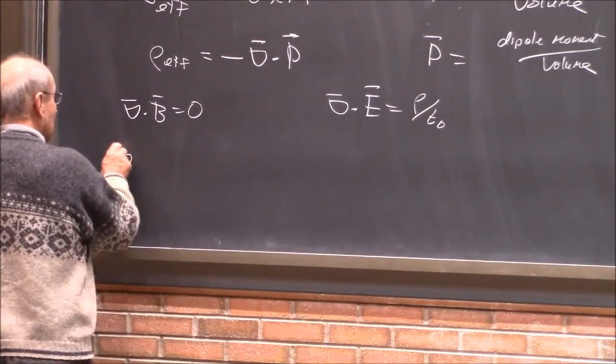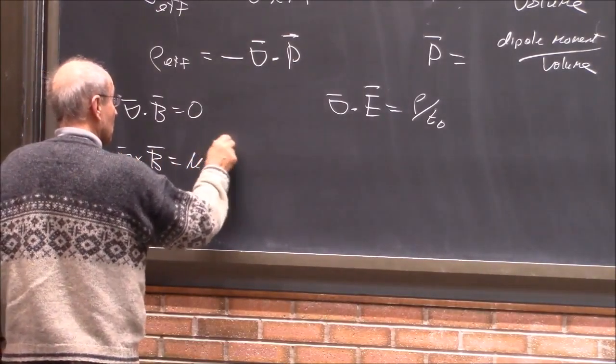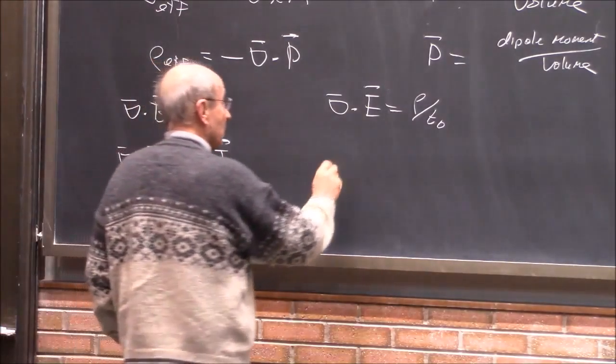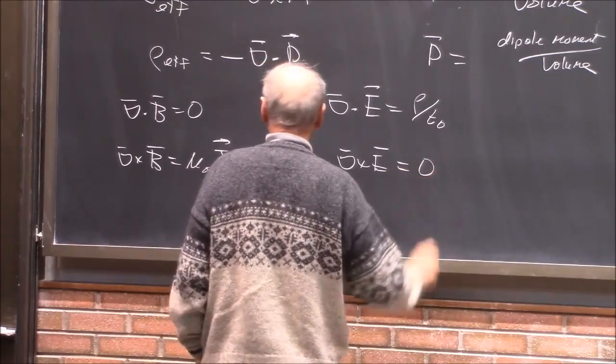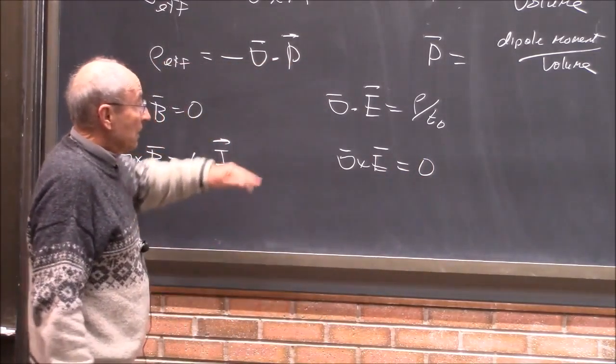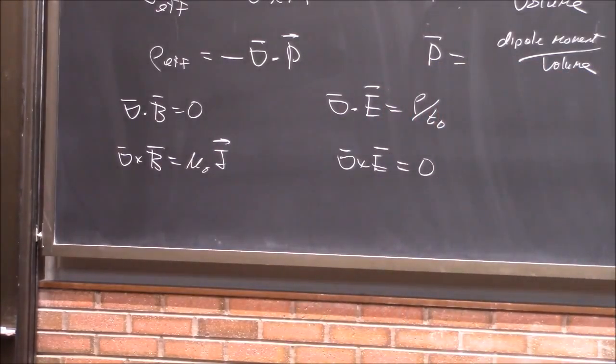On the other hand, the curl of B was mu 0 J, whereas the curl of E was 0. The significance was that there are two possible types of lines. Lines that begin and end are given by the divergence, and they are produced by point charges.